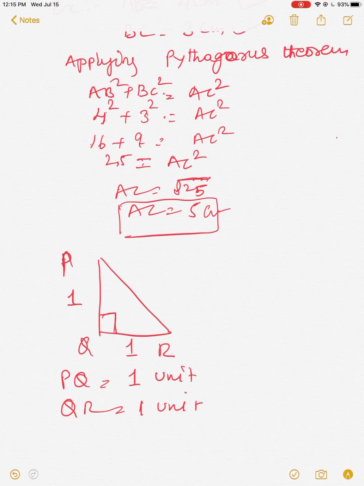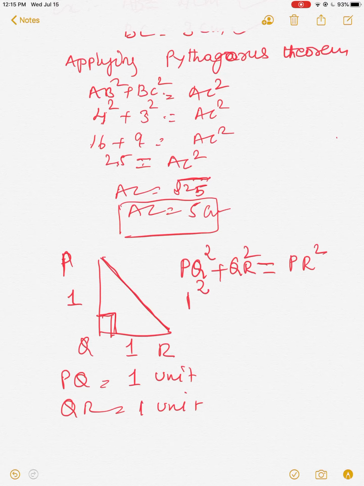Now if you apply Pythagoras theorem here, where is the right angle present? Between PQ and QR. So what is the definition? The squares of the sides containing the right angle. Which sides are containing the right angle? PQ and QR. So if you take the squares of those sides, PQ square plus QR square should be equal to PR square, the hypotenuse.